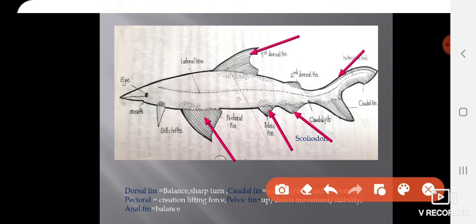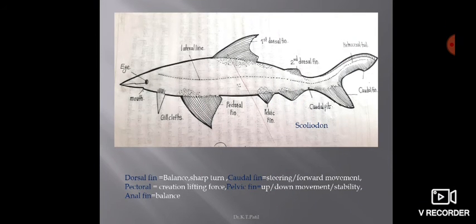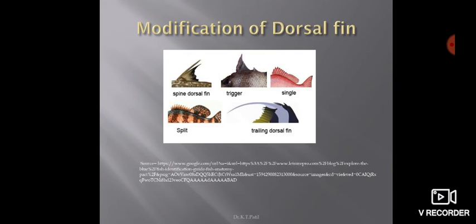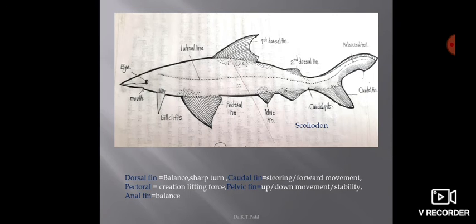Their function is balancing, and pectoral fins create a dynamic lifting force. Pelvic fins help with up and down movements, and other small fins provide stability. Caudal fins are homocercal, and in some fishes heterocercal.